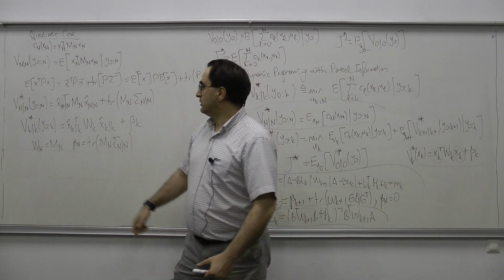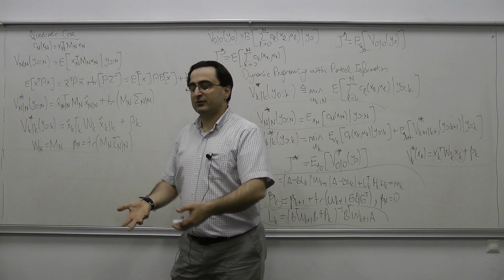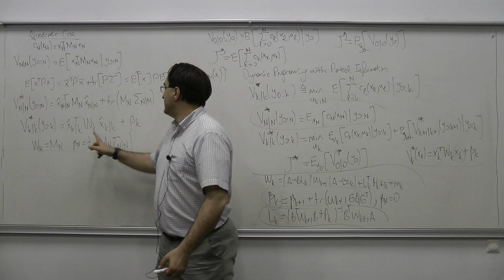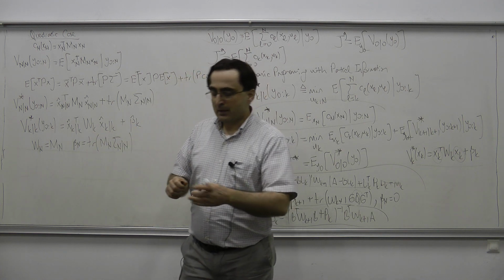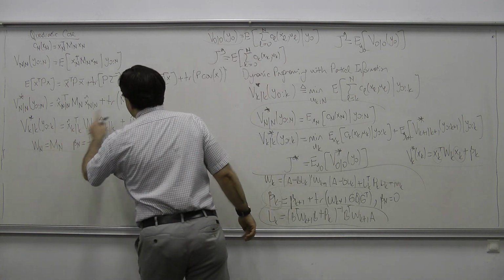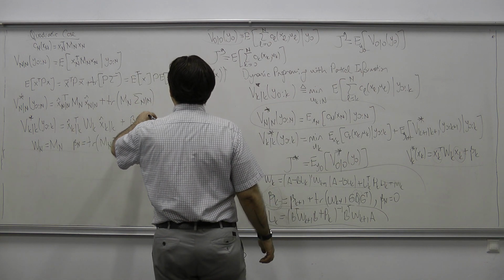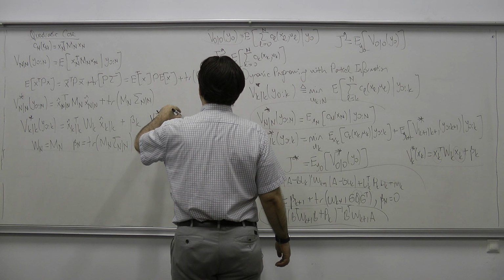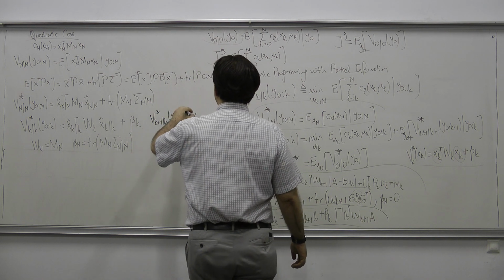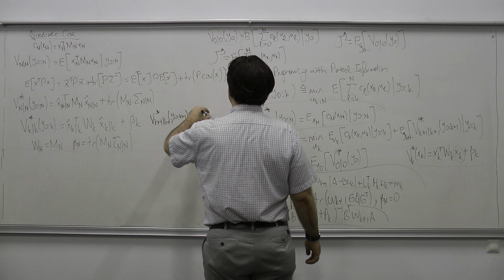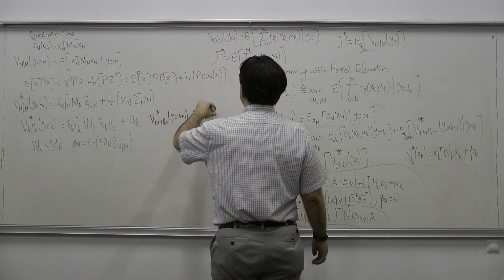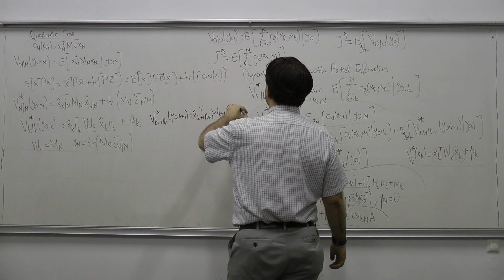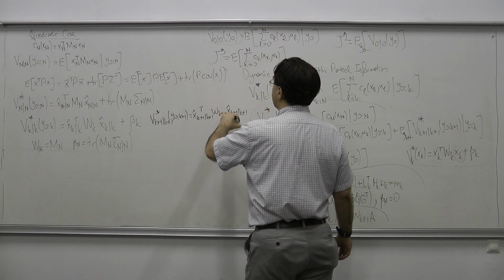Then if I know Wk plus 1 and beta k plus 1, how can I calculate Wk and beta k? Okay? If Vk given k has this form, then Vk plus 1 given k plus 1 star of y0 k plus 1 is going to be in the form x hat k plus 1 given k plus 1 transpose Wk plus 1 times x hat k plus 1 given k plus 1, plus beta k plus 1.